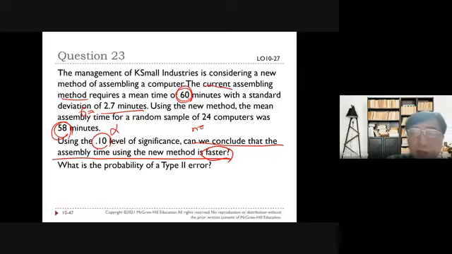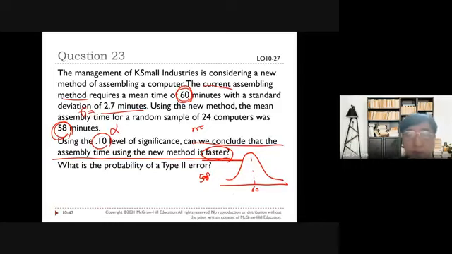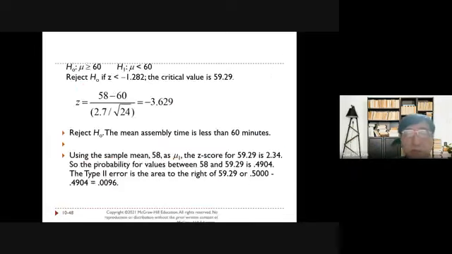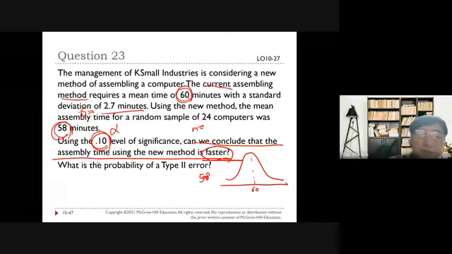The type 2 error will be calculated. I will draw it like that. Mu is 60, sigma is 2.7, and n is 24, so it's better to use the z-value because sigma is known.